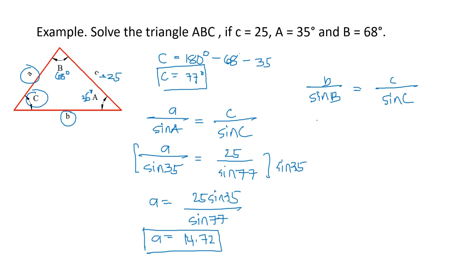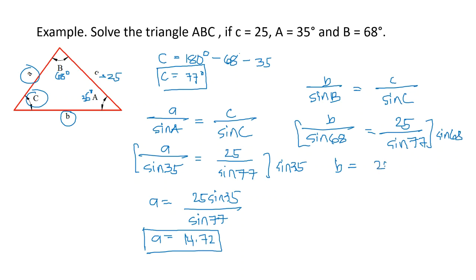So we have B, that is unknown, over sine 68, equivalent to C, which is 25, over sine 77. So for our B, multiply both sides by sine 68.